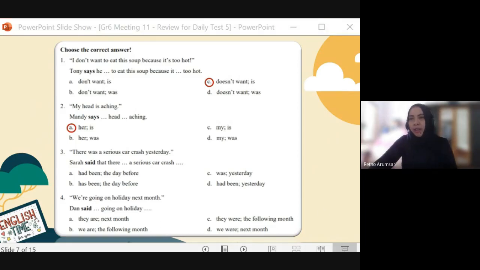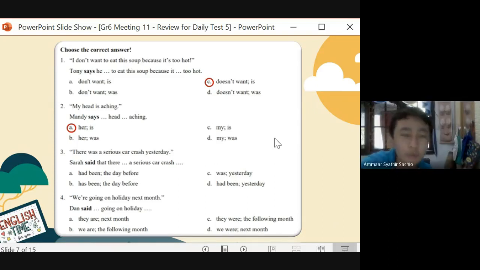Alright, number 3 now. I want to go to you one by one. Ammar Shatir, can you help us with number three, please? "There was a serious car crash yesterday."